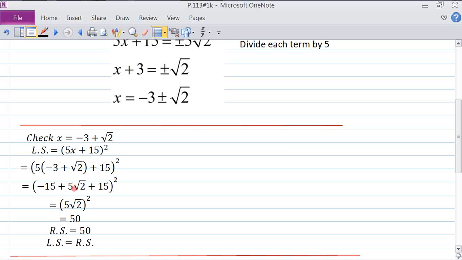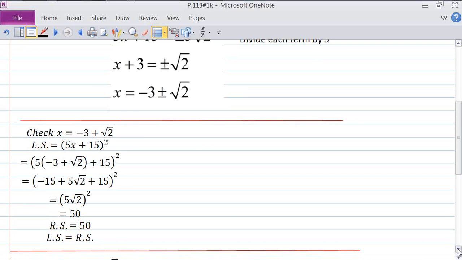So the minus 15 and the plus 15 cancel, and I get 5 root 2 squared. 5 root 2 squared, the root of 2 times the root of 2 is 2. And 5 times 5 is 25. So 25 times 2 gives me 50. And the right side is also 50. So the left side equals the right side.